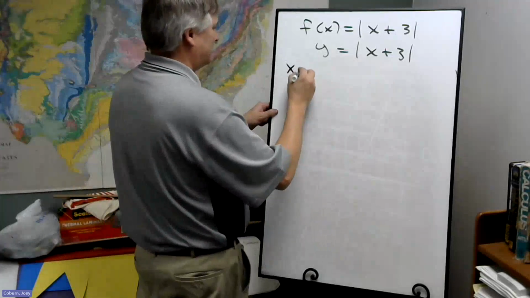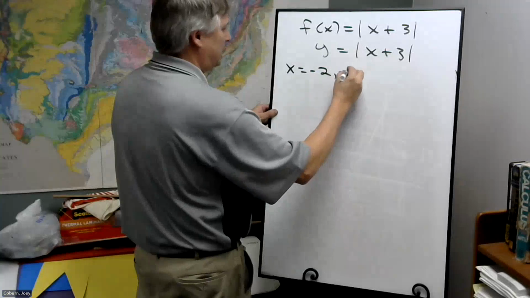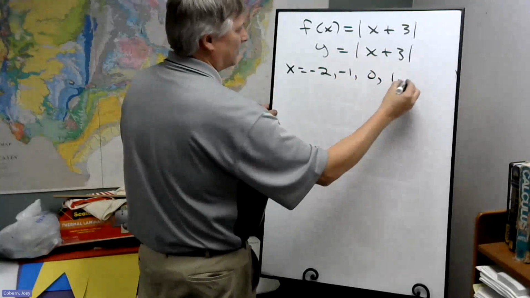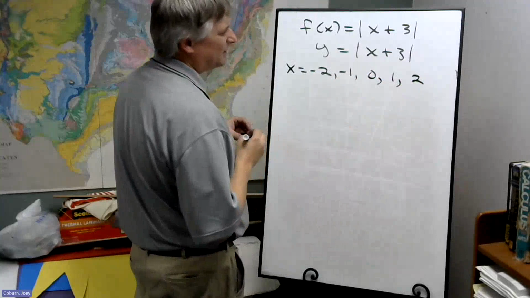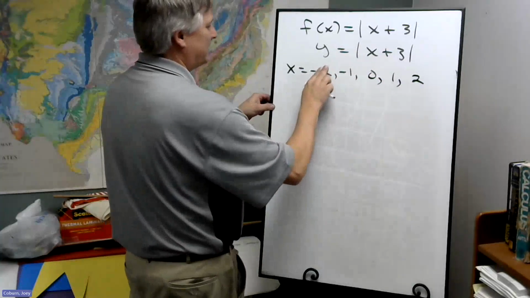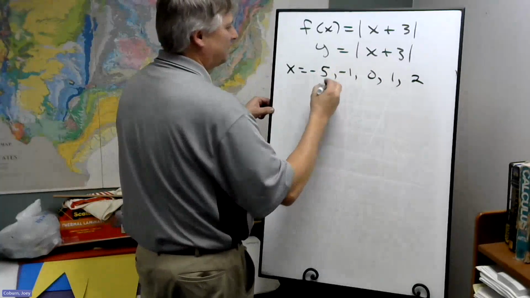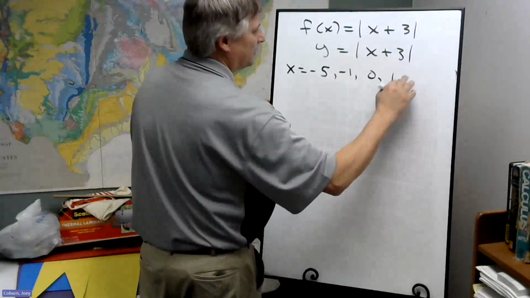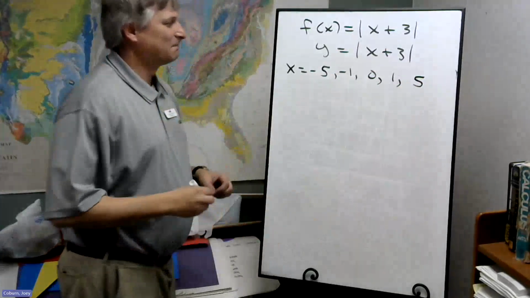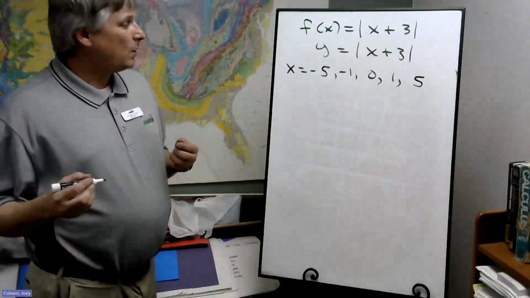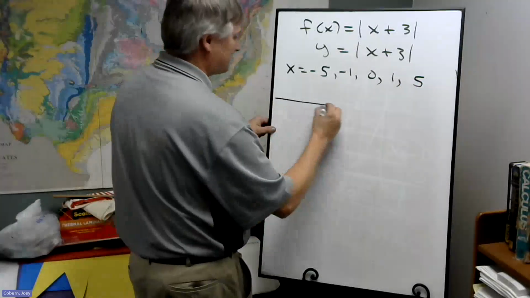So suppose we have this. Let's let x be -2, -1, 0, 1, 2. And in fact, maybe jump out a little bit. Let's make this be -5, -1, 0, 1, 2, and 5. Now, what we're going to do, again, use our chart.